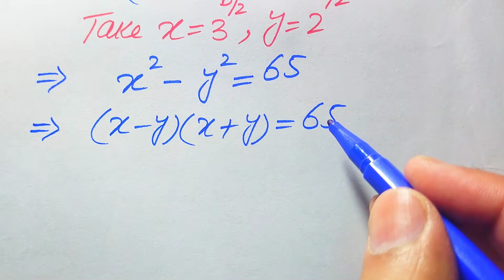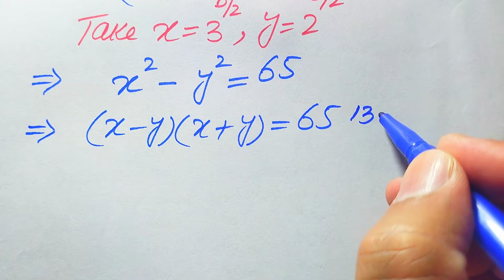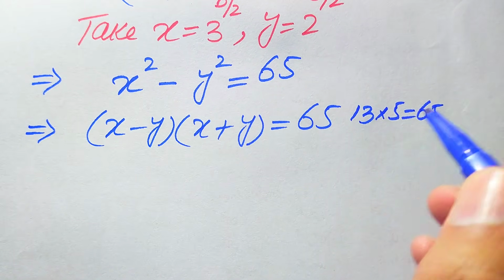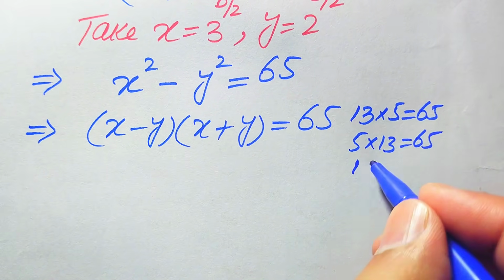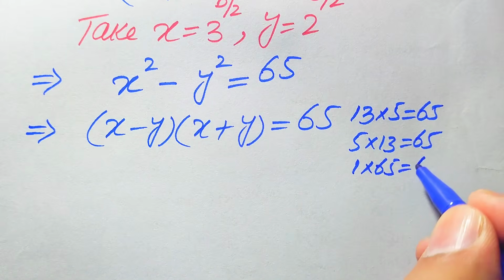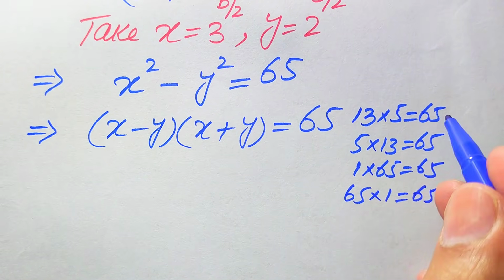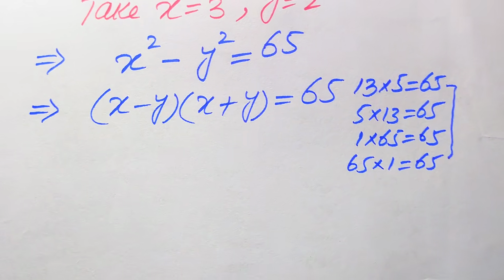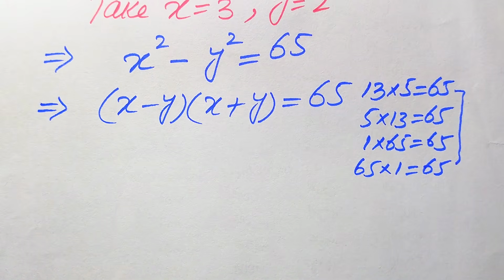The factors of 65 are 13 times 5, 5 times 13, 1 times 65, and 65 times 1. These are the four possibilities, but we need only one possibility in which we can easily get the values of x and y, and then move towards the value of b.